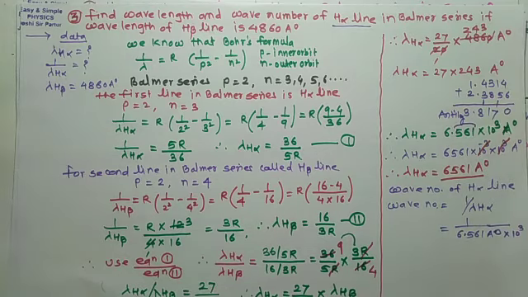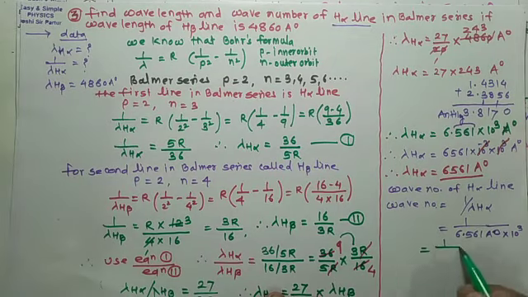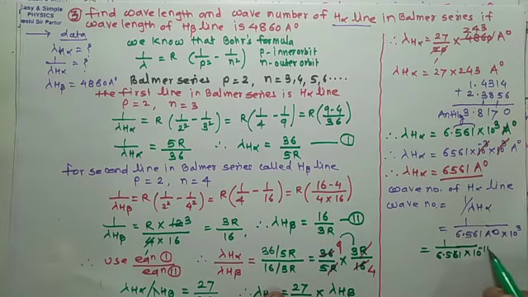Angstrom unit means 10 raised to minus 10 meter. So 1 upon 6.561 into 10 raised to minus 10 into 10 raised to 3.